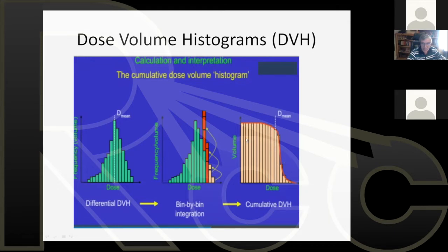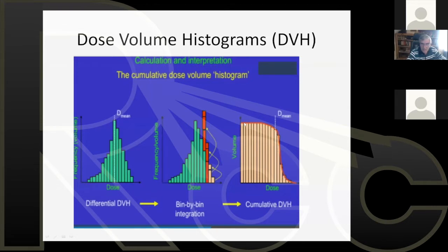It means that the dose to the organ that is being looked at goes from a maximum here to a minimum here. And this is how much of that organ sees all of that dose. What's important is this slope right here, especially for the target.